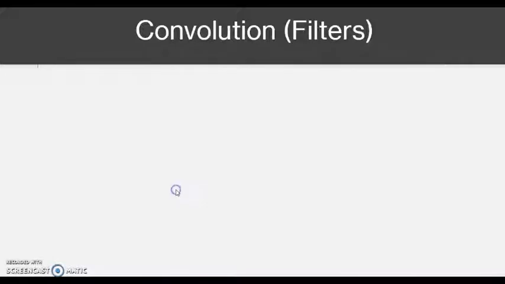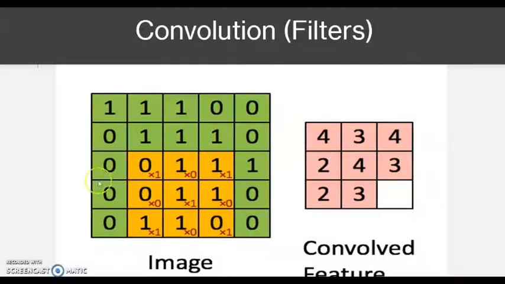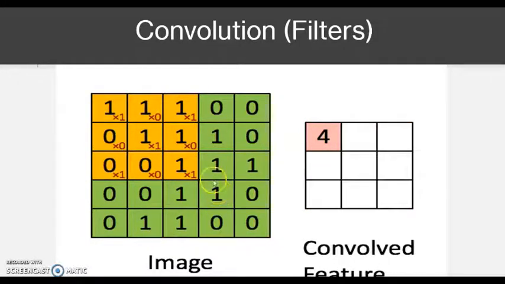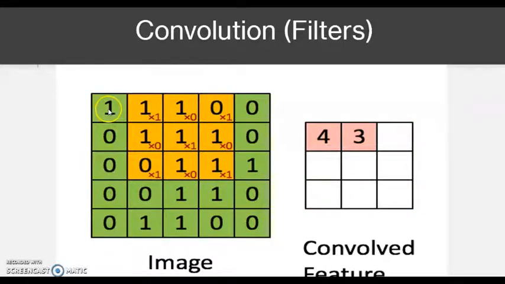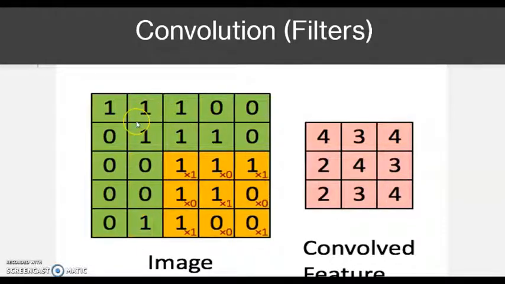So we apply the filter from the top left to the bottom right, and the distance the filter travels over the image is called the stride. For example, the stride in this example is 1, which means that you are moving your filter over 1 pixel at a time.